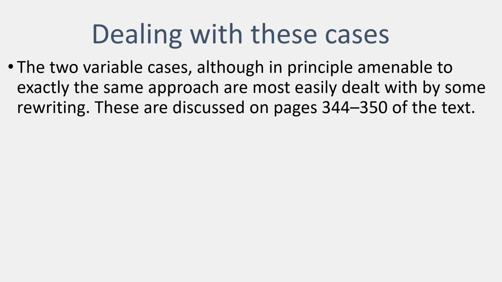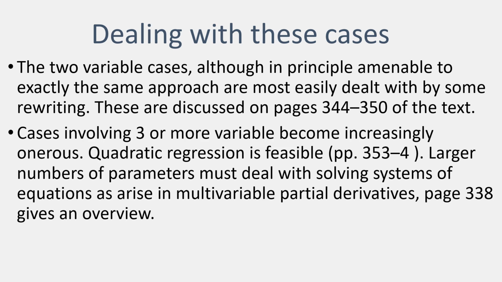Now it turns out those cases aren't too difficult to deal with. Although in principle we could just use exactly the same approach of forming partial derivatives and looking for critical points, they are easily dealt with by doing some rewriting. That manipulation is described in the textbook, so I'm not going to go through it here.